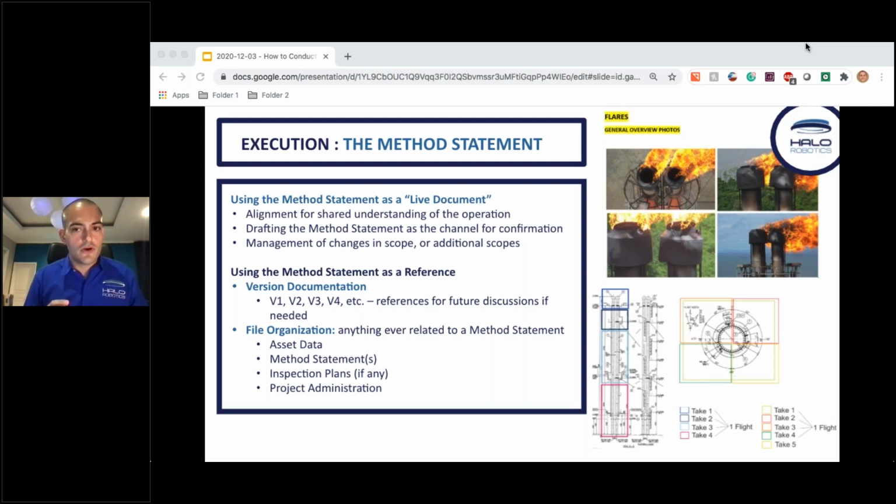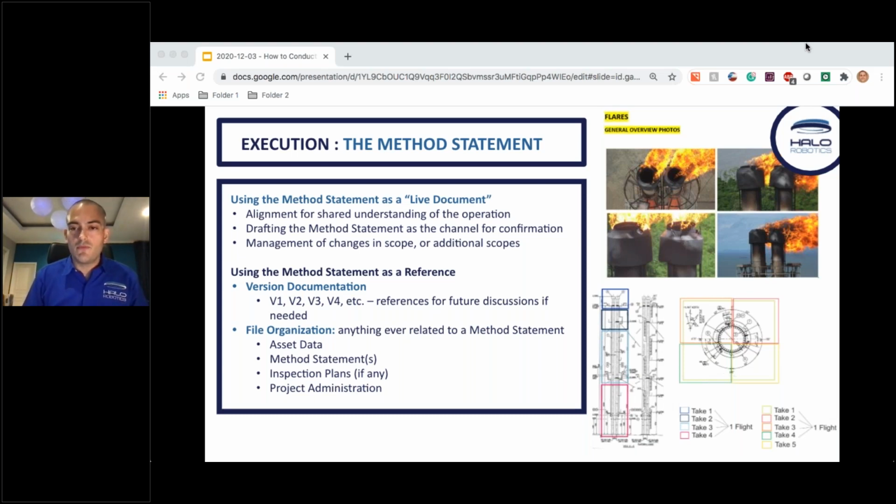Even if we're talking about many people on this call, with an internal drone program where you yourselves are operating the drones for your company, which is the asset owner, it's still very important, because there are many people related to project sponsors or other users or PICs within your company, where it's very important to align understanding about what is going to be done and secure approval for that.